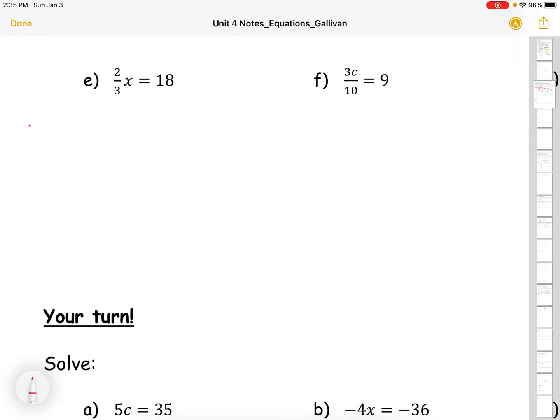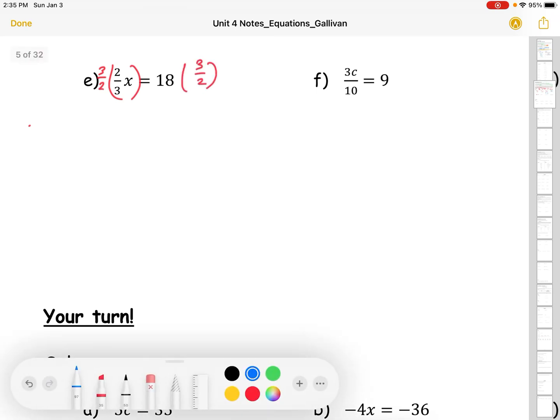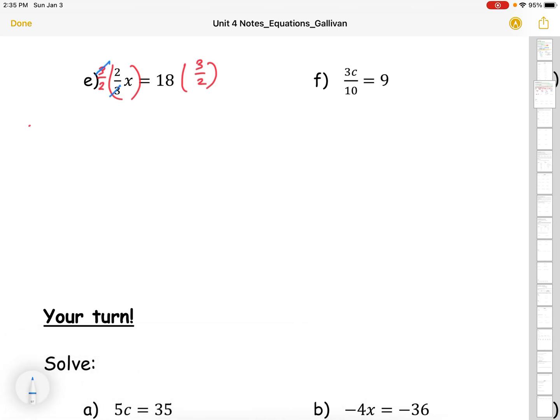2/3 x. So basically what you're going to divide by or multiply by is 3 over 2. And you do it to both sides, and you're saying, how does that work, miss? Well, look. The 3 will divide out with the 3, and the 2 will divide out by the 2. So the 2/3 has disappeared. Now remember, this is like having 18 over 1, if I put it in fraction form, times 3 over 2.